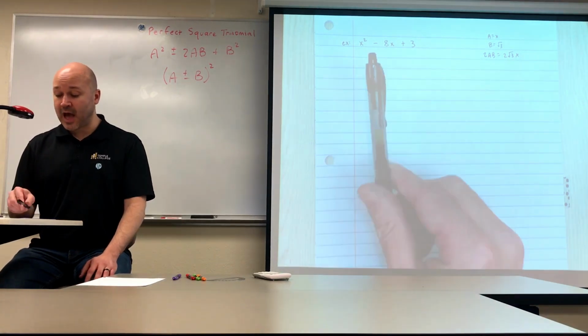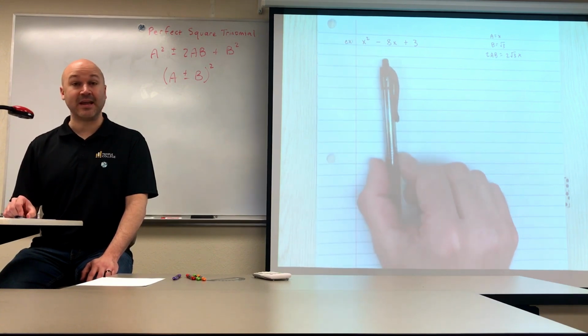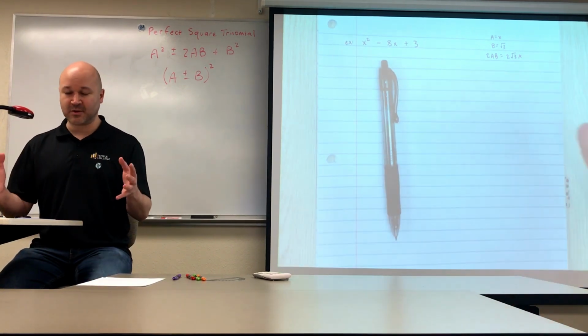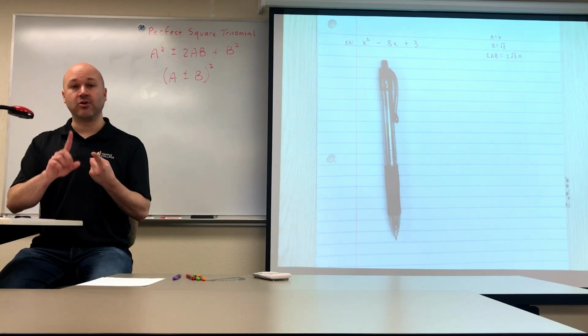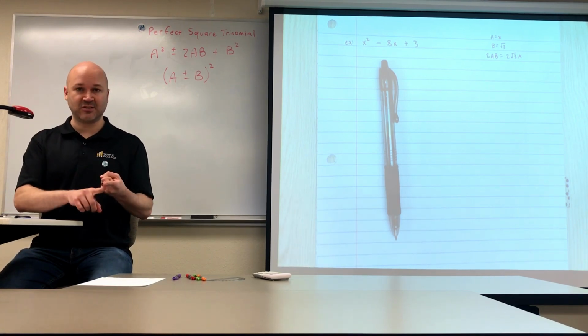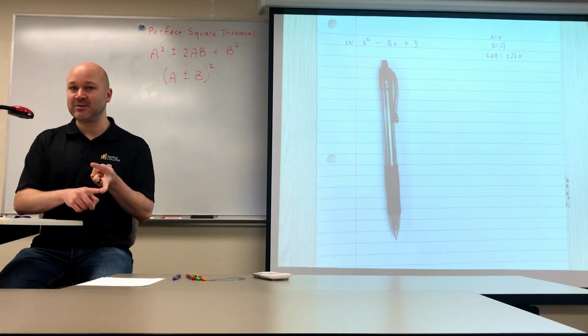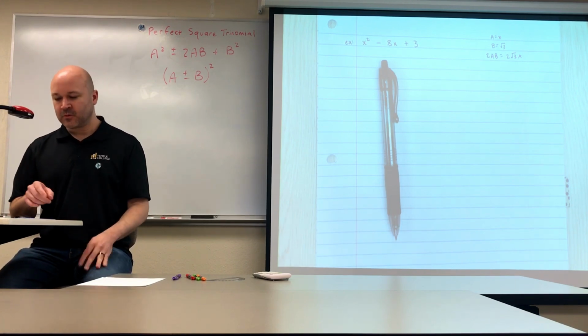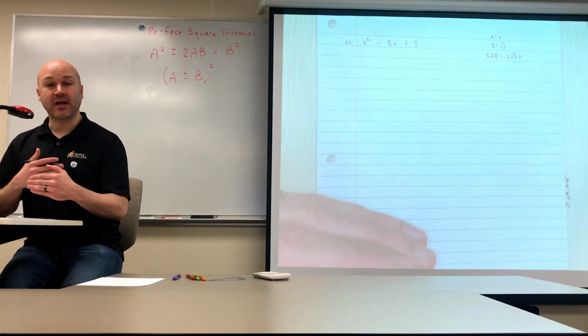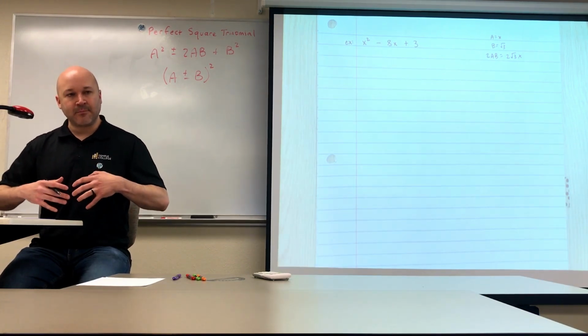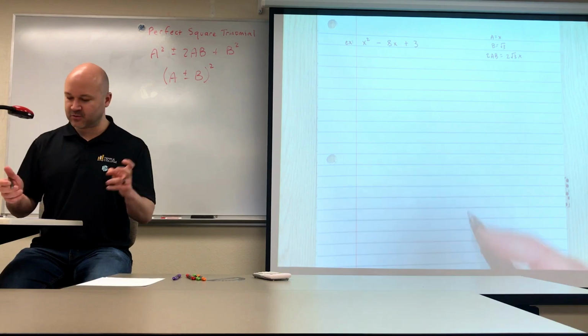Now, right now, I have an expression. This is not an equation, this is just some expression. So if I want to start to manipulate it, I only have two options. I could multiply by 1, not changing the value, or I could add 0, not changing the value. So I think I'm going to do the adding 0 process. First I'm just going to rewrite this trinomial in preparation of what we call completing the square.